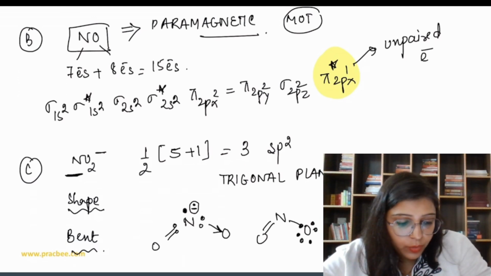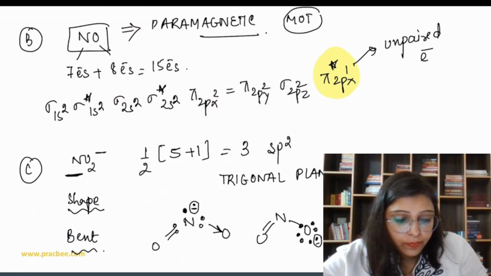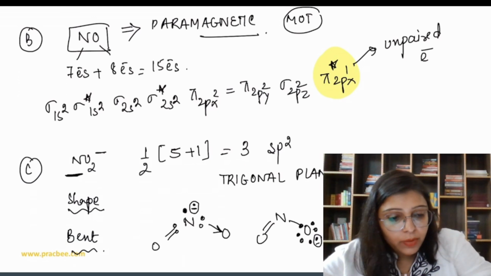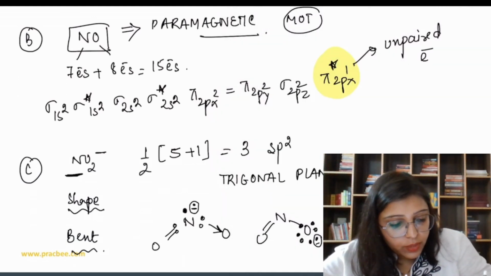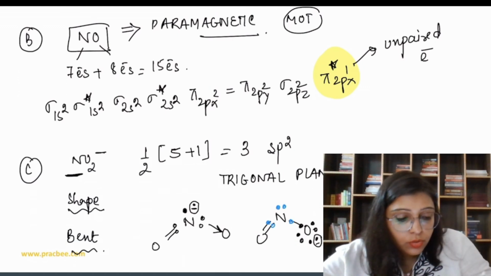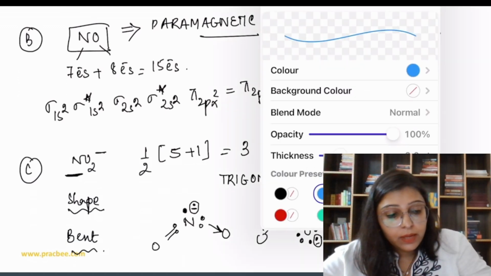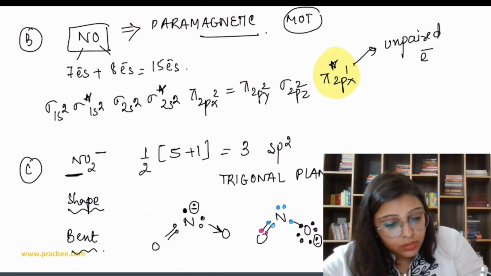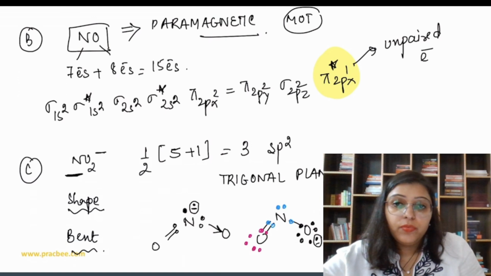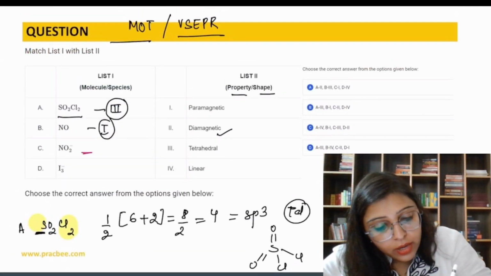Due to one negative charge, I am writing one electron over here. And in nitrogen, how many electrons? 5, so 1, 2, 3, 4, 5. So basically all electrons are paired. So we can say NO2 minus is diamagnetic. So NO2 minus we can match with option number 2.